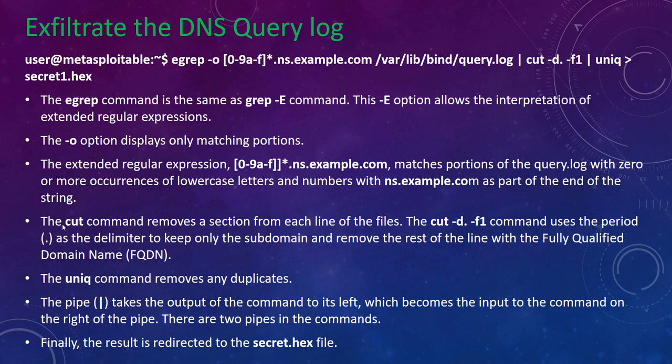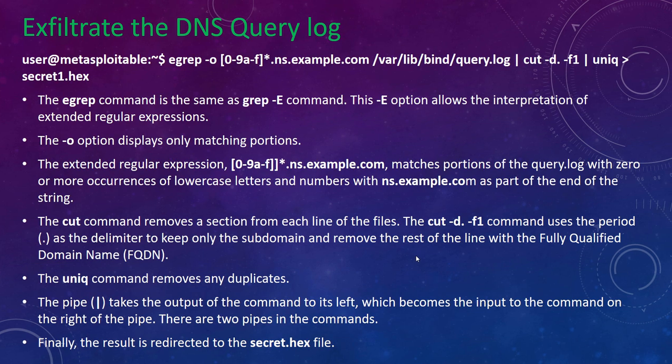Then we use the cut command to remove sections from each line of the file. The cut -d. -f1 command uses the period as the delimiter to keep only the subdomains and remove the rest of the line with the fully qualified domain name, ns.example.com.